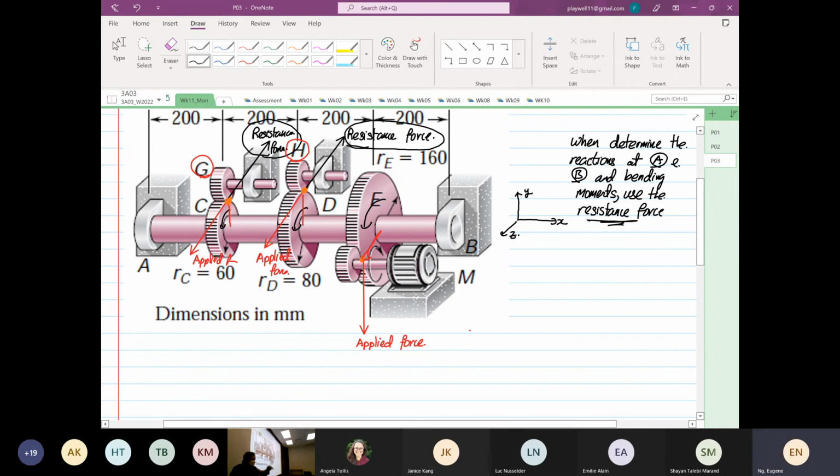Once you get this right, then we're okay. If we don't get this concept right, that's where the problem will come. Are we clear?